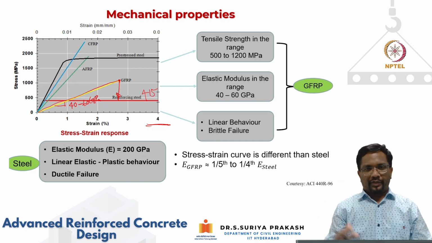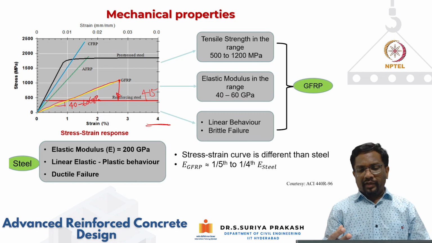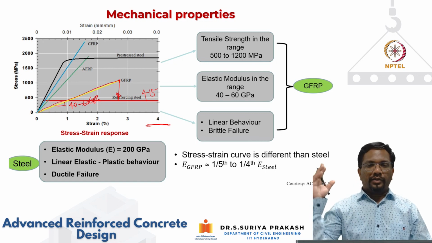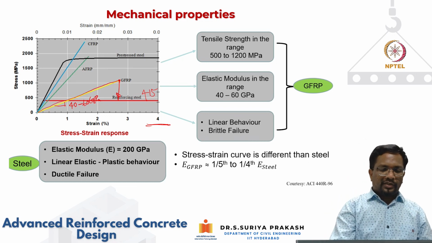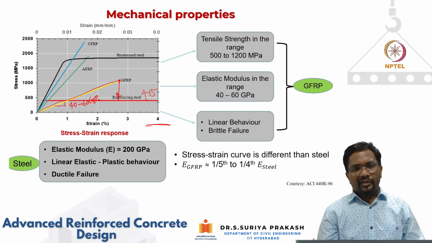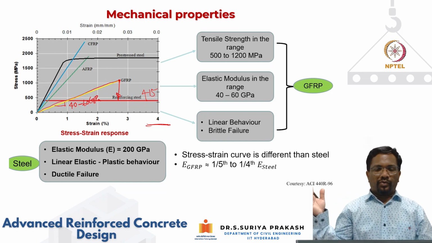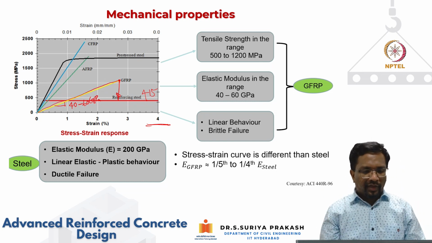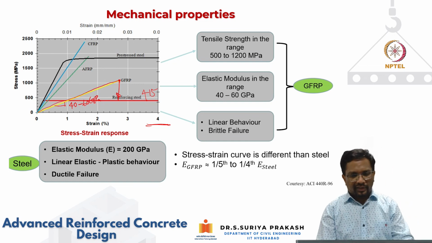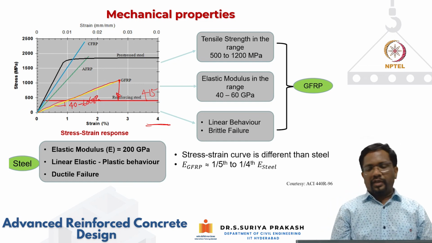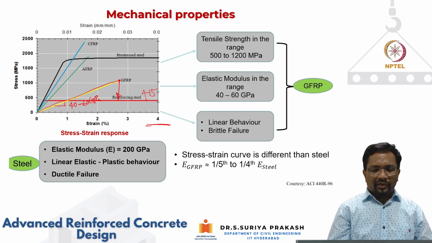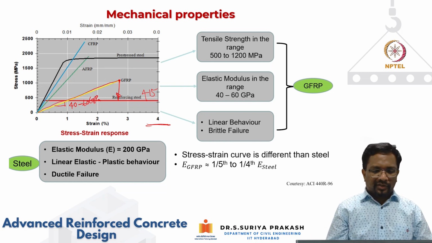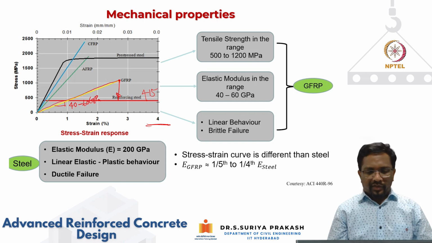It does not fail even after yielding, and fails at a very large ultimate strain. But the strain at failure for GFRP bars is around 2.5%, compared to 14 or 15% for high strength steel rebars. So this is one of the disadvantages. Elastic modulus is low, and the strain at failure is also low compared to the ultimate strain of steel.